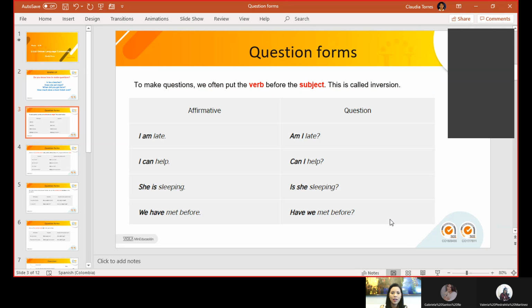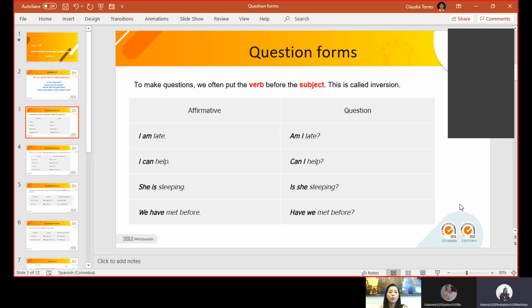Okay, so here you will find a chart with the affirmative and the question forms. To make a question, we often put the verb before the subject. This is called inversion, because you change the order, you switch. In the affirmative, we have I am late. Am I late?